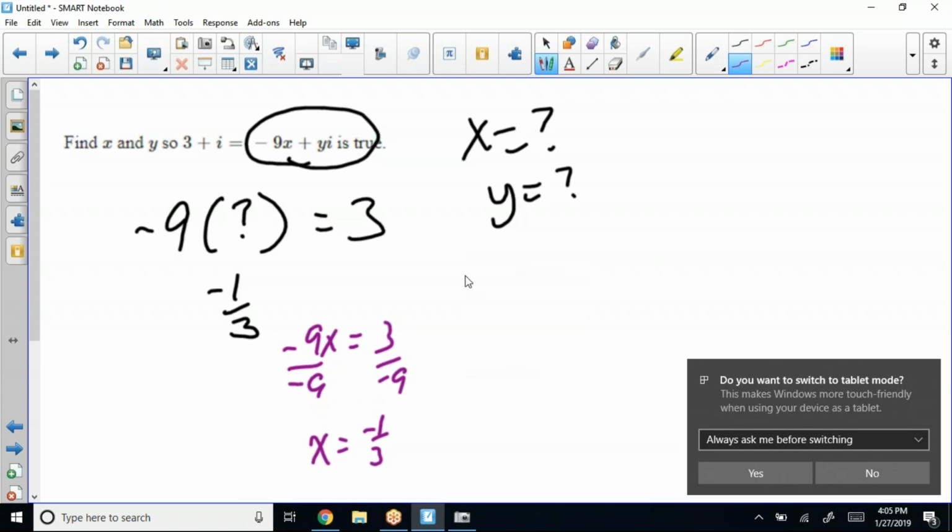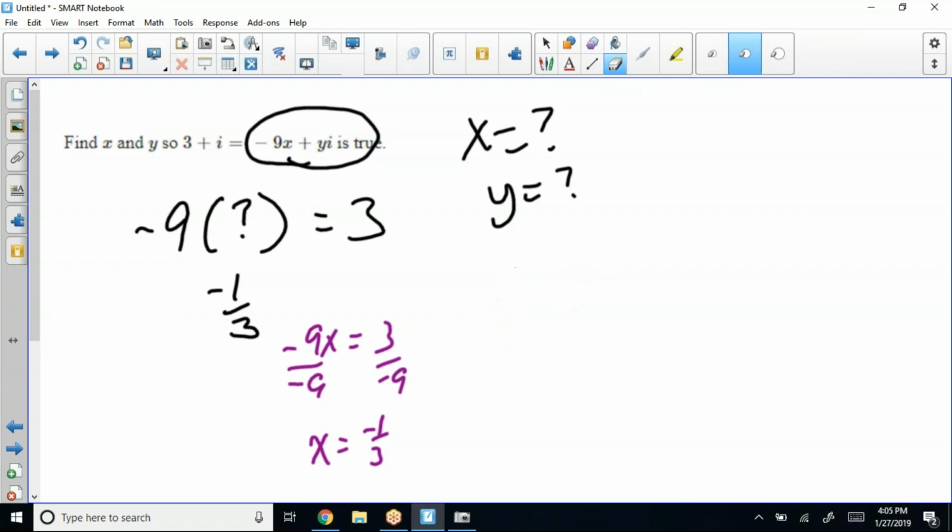And then, of course, yi equals i. Well, it doesn't need the i. Let me back up on that one. Y equals 1.